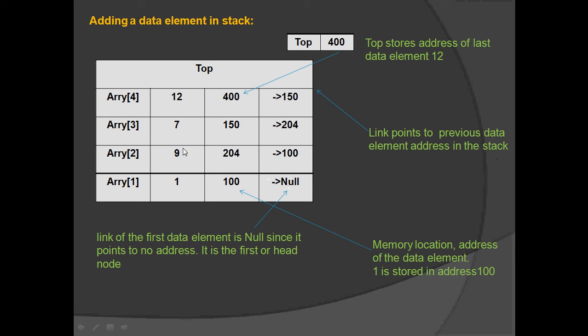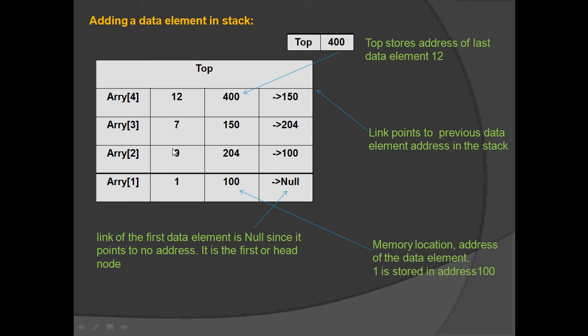When this data is added or pushed into the stack, in order to establish the link between this 9 and 1, because the addresses are in random order, that is done by this second array element, the link, which contains the address of the previous data element. The previous data element is stored at address 100. So when the second data element is pushed and inserted, the link will contain the address of the first data element, that is 100.